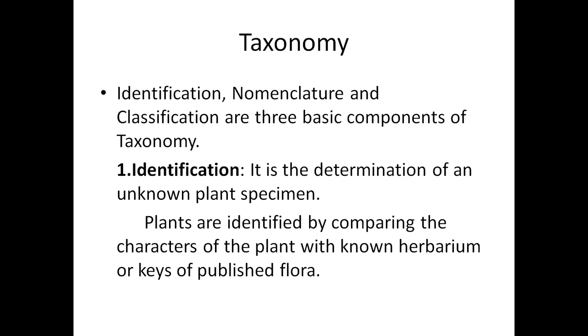We note down all the morphological characters of that plant, like vegetative characters, root characters, shoot characters, leaf characters, and also floral characters like the calyx, corolla, androecium, gynoecium characters.